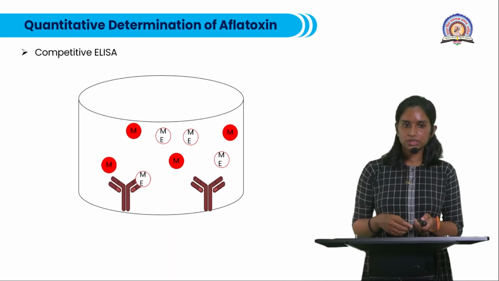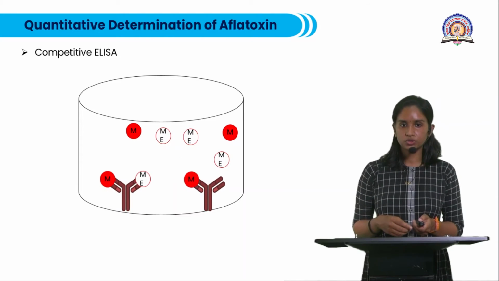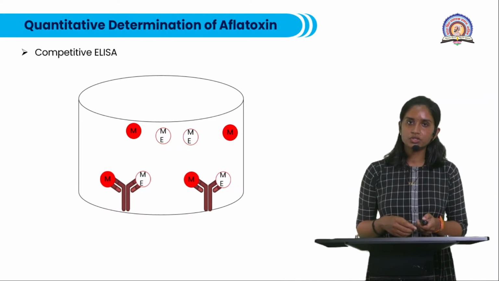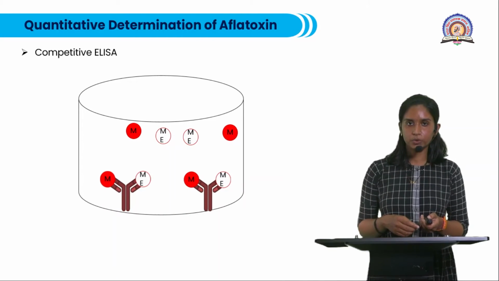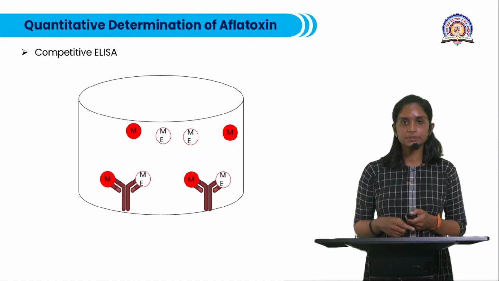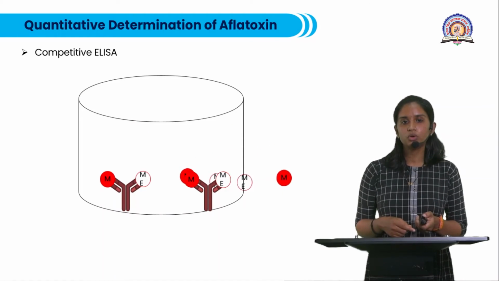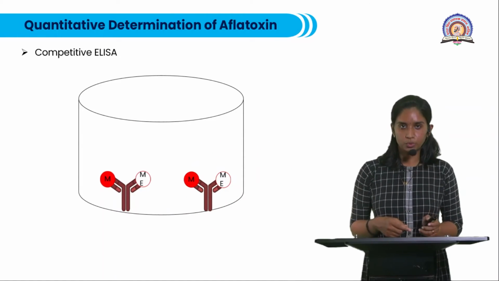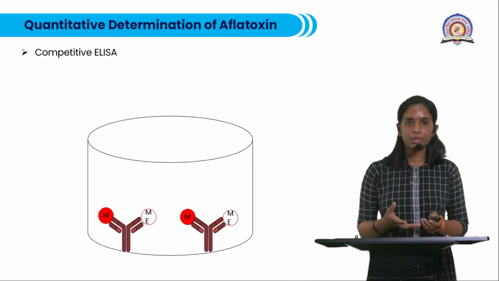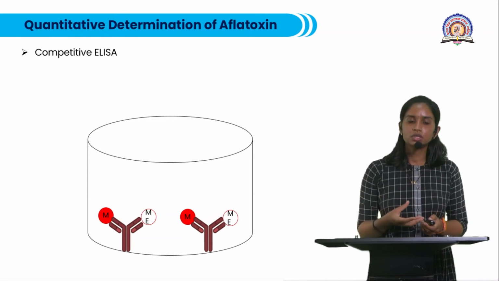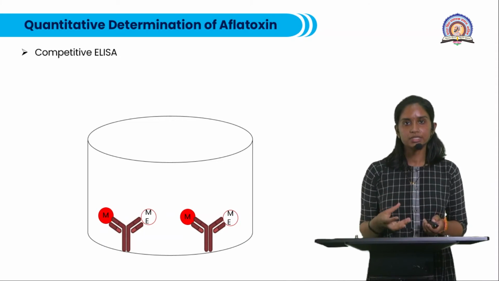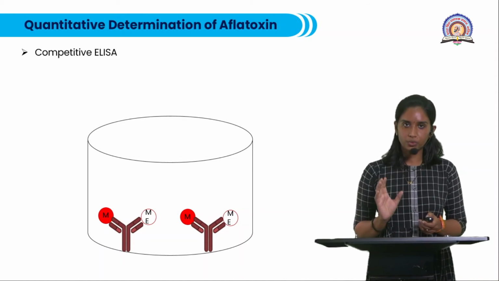Both mycotoxin and mycotoxin enzyme conjugate will get attached to the available antigen binding sites on this antibody. Then you need to wash this plate so that the unbound molecules are removed. Now you have a microtiter plate on which antibodies are coated, to which the mycotoxin and mycotoxin enzyme conjugate have bound.